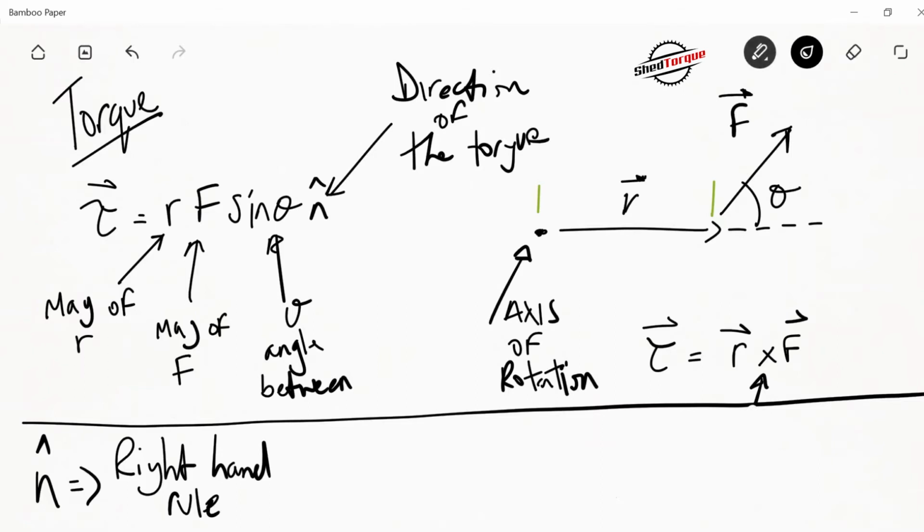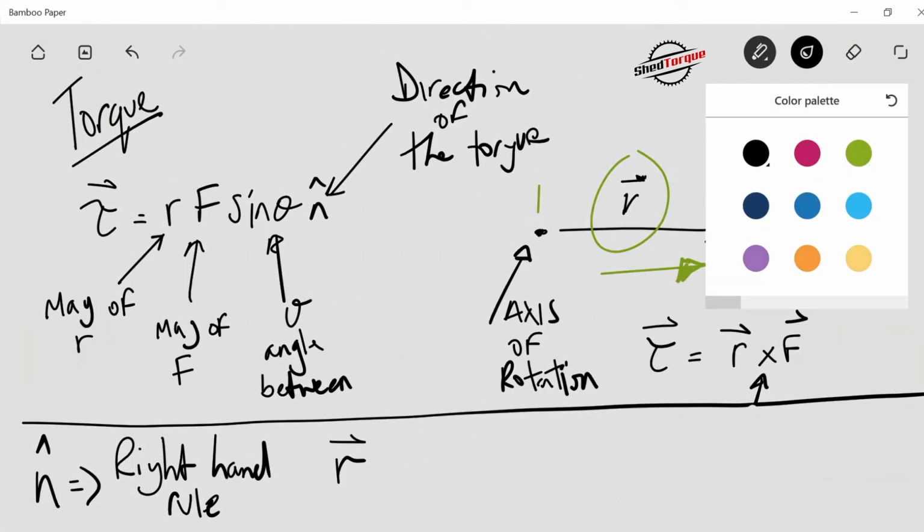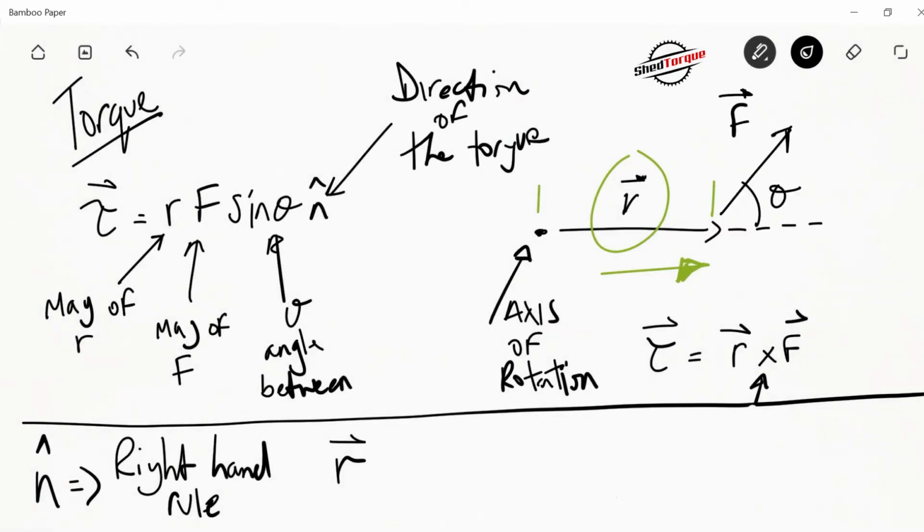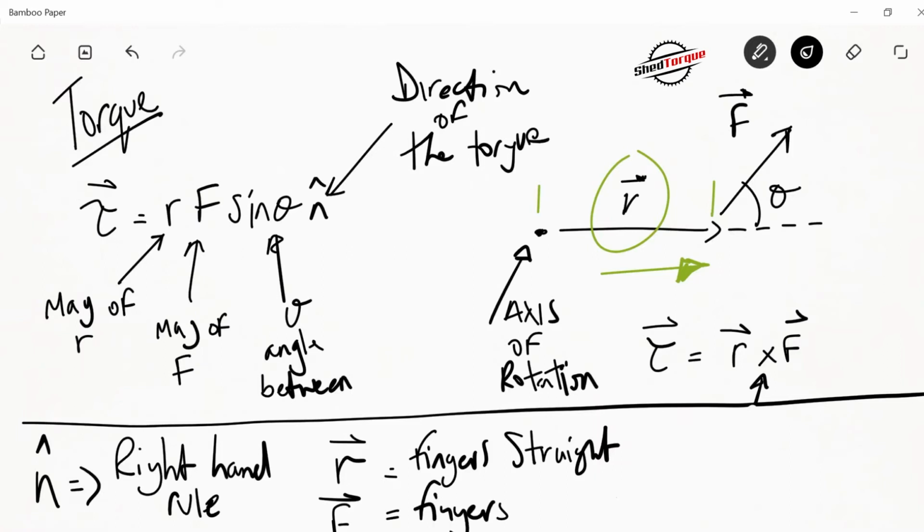Okay, and what it says is the following. If we take the direction of R, which in this instance is this way, and we put our fingers straight, so using our right hand, we put our fingers straight in the direction of R. And then we have the direction of F, and I curl my fingers into that direction using my right hand.